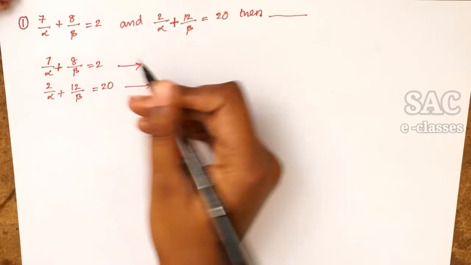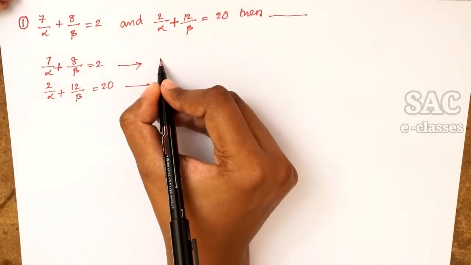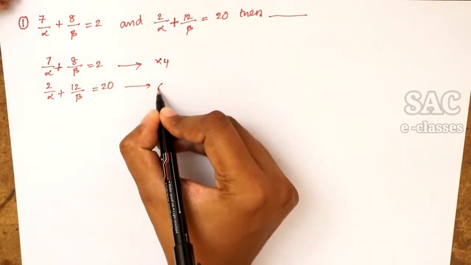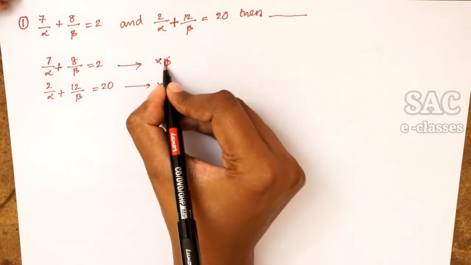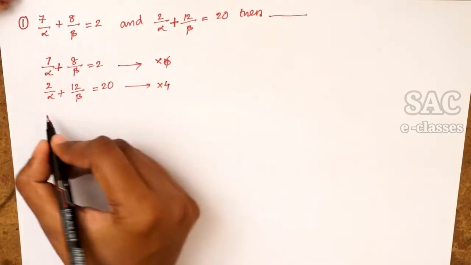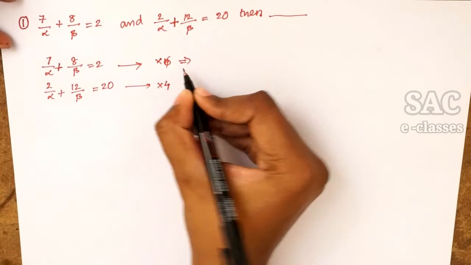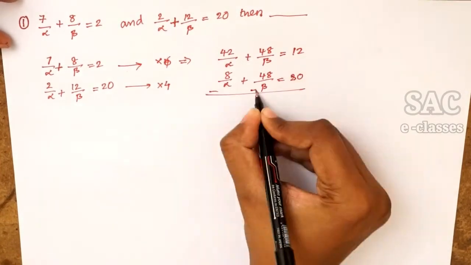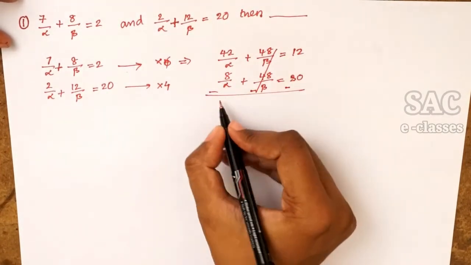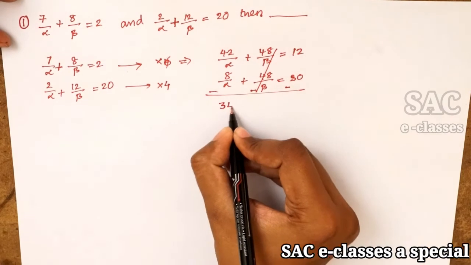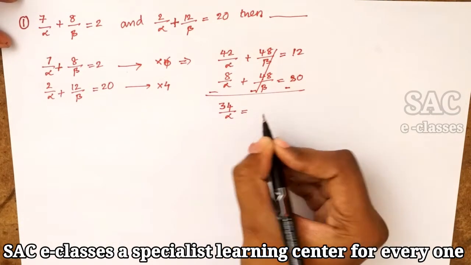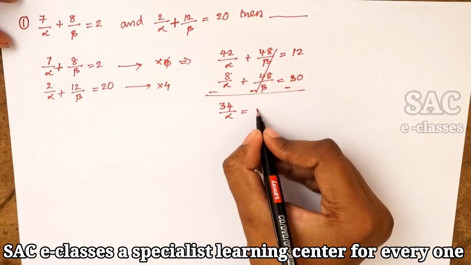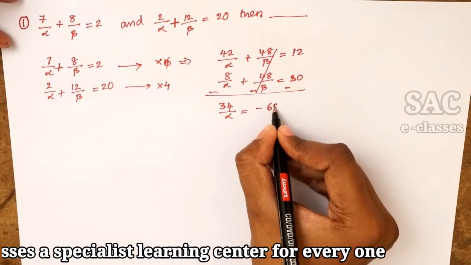I want to eliminate beta, so let me multiply this one with 4 and this one with 4. So you may get 42 minus 8, you may get 34 by alpha, which is equal to minus 68.